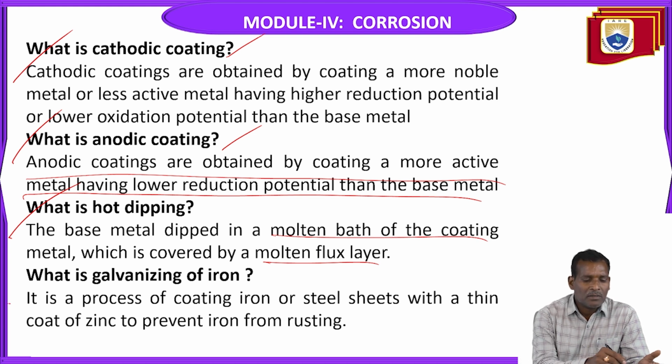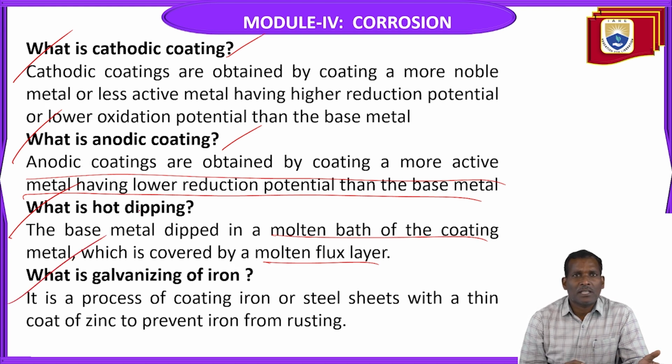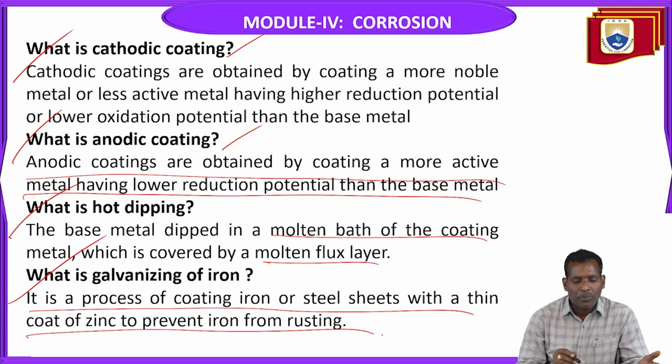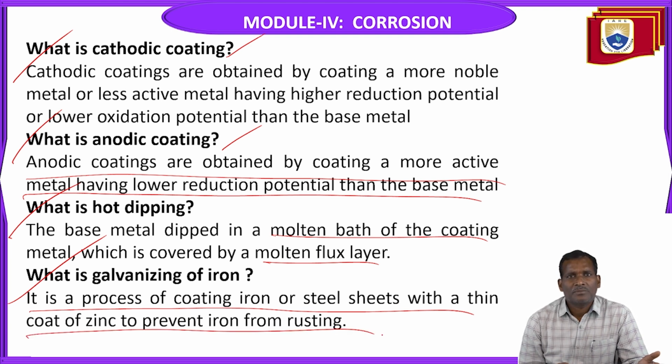In the galvanizing process, what is galvanizing? What is galvanizing of iron? It is a process of coating iron or steel sheets with a thin coat of zinc to prevent iron from rusting. So mainly you are applying the zinc layer on an iron surface. For what purpose?